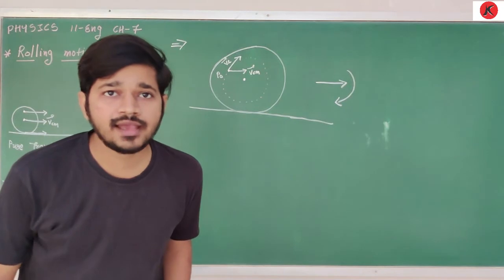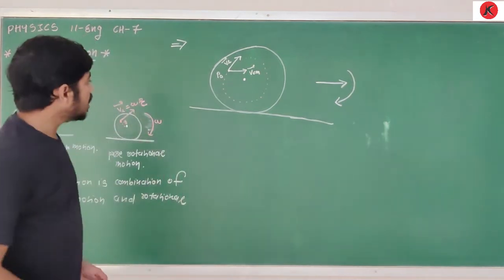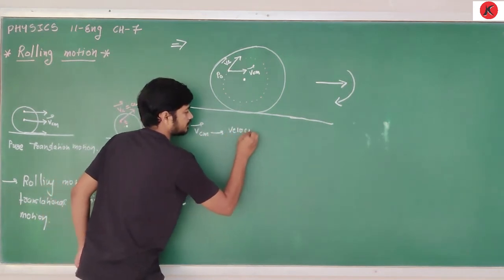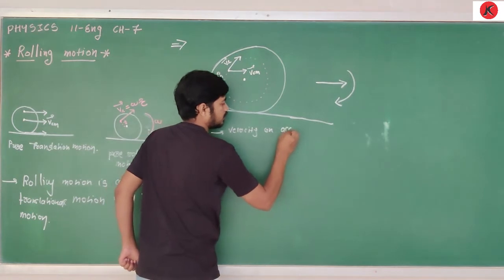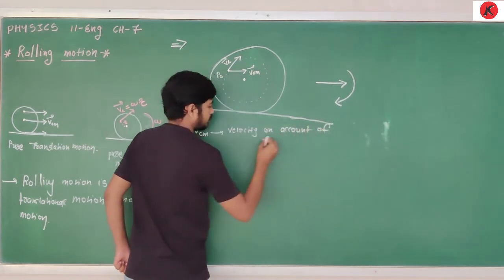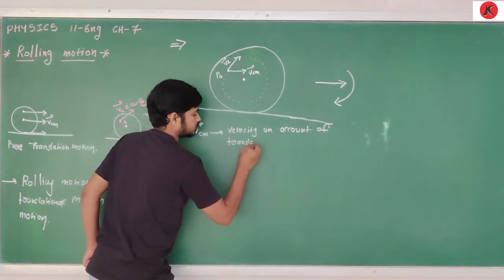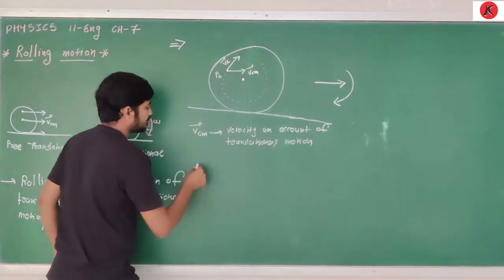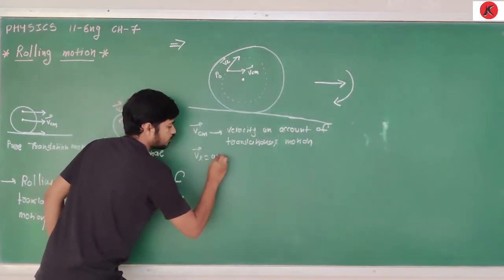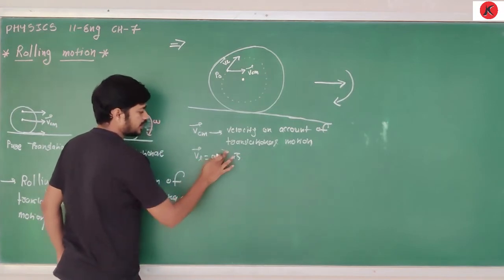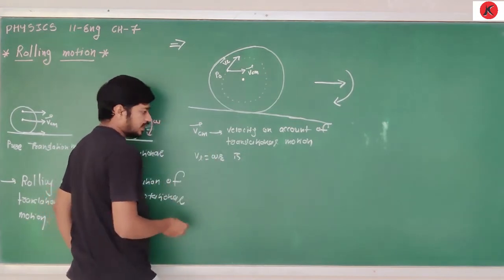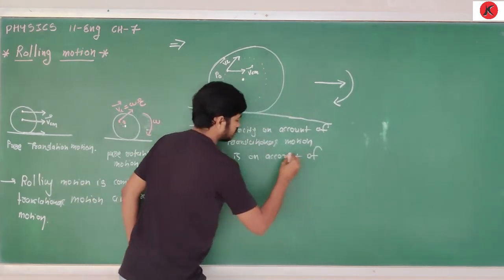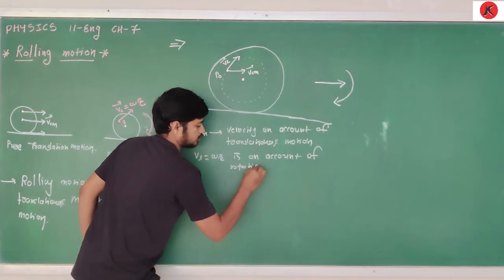Any doubt? Sure. Okay, so this V center of mass is velocity on account of translational motion, and VL is equal to omega r, which is on account of rotation.